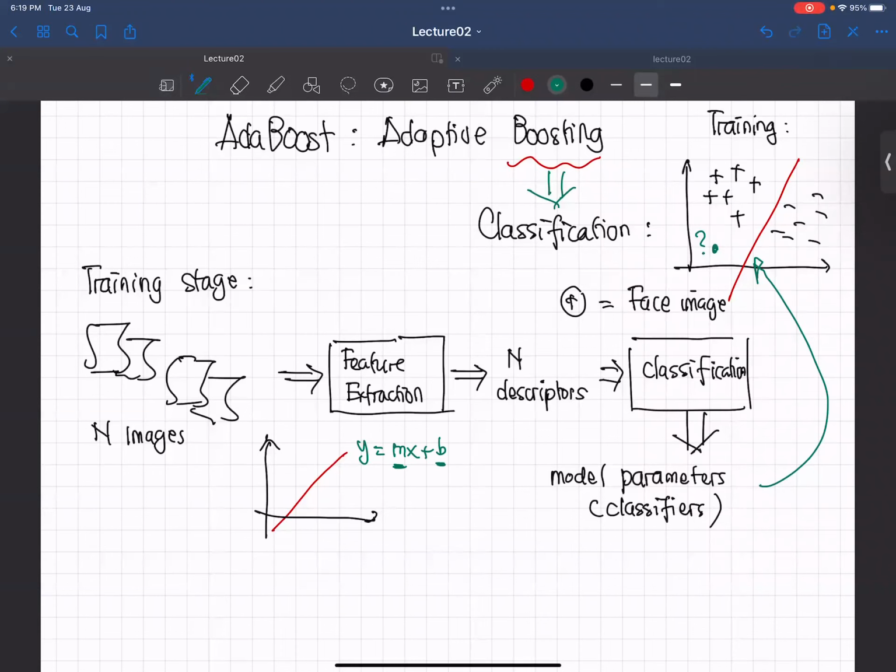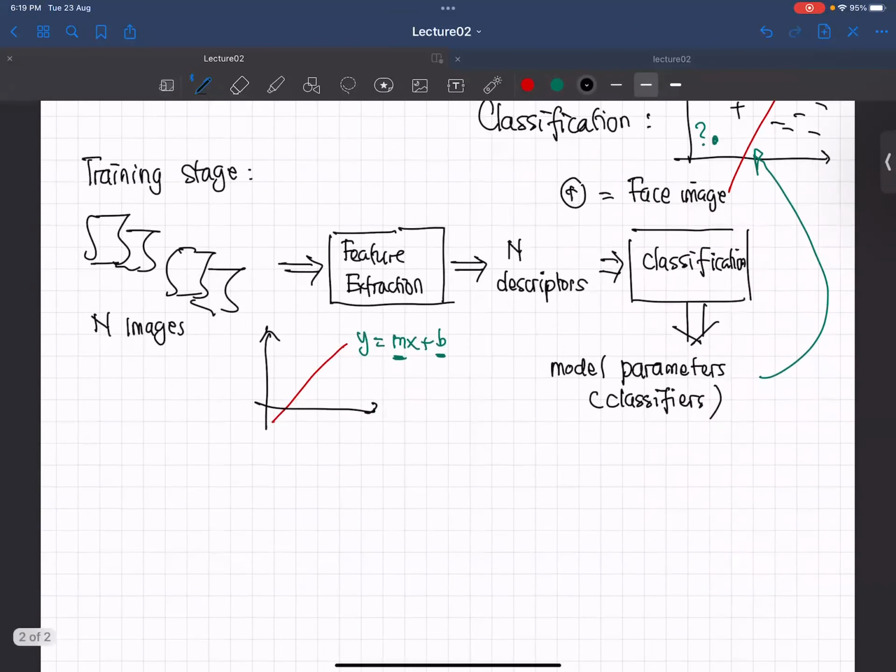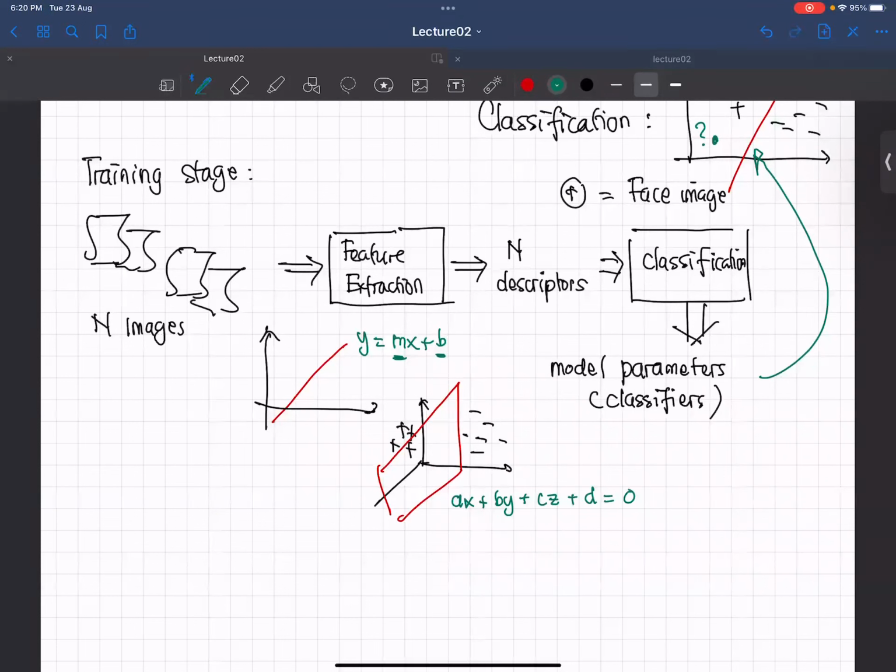In high dimensional space, again, if you cannot imagine what I just said, if it is 3D, for example, and you have positive here and negative there, then you cannot draw a line. A line will not separate the two classes. You need to have a plane. And a plane has some parameters, right? In general, we can write ax plus by plus cz plus d equals 0.